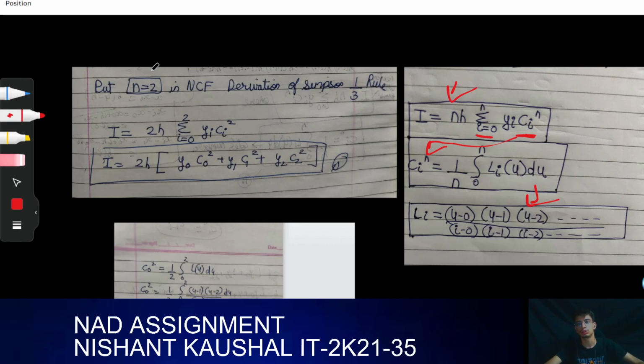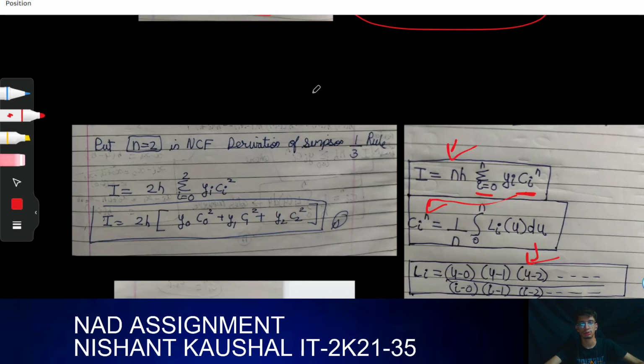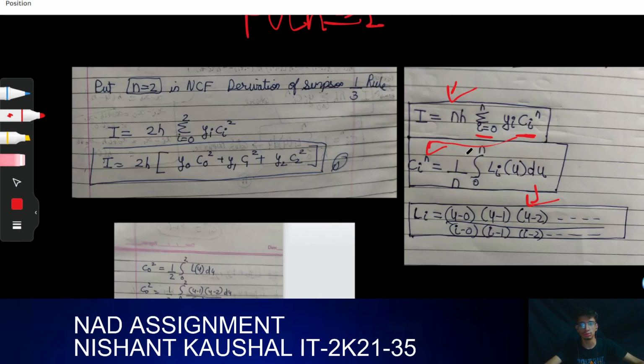Li is (u minus 0) upon (i minus 0) into (u minus 1) upon (i minus 1) and so on. Okay, so for Simpson's 1/3 rule, we put n equals 2. When we put n equals 2, it becomes I equals 2h times the summation of i equals 0 to 2 of yi ci of 2.